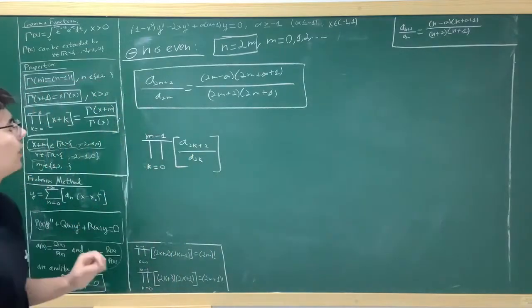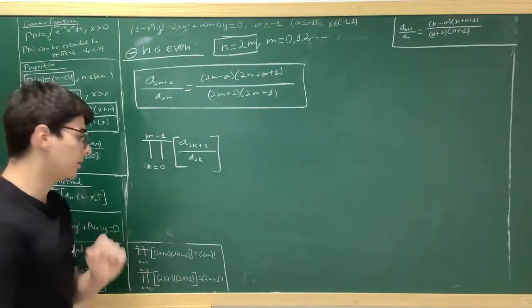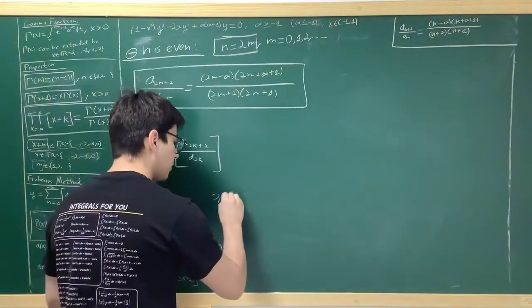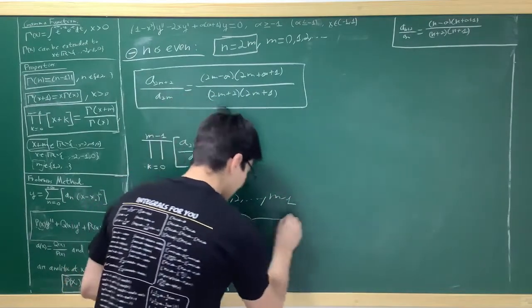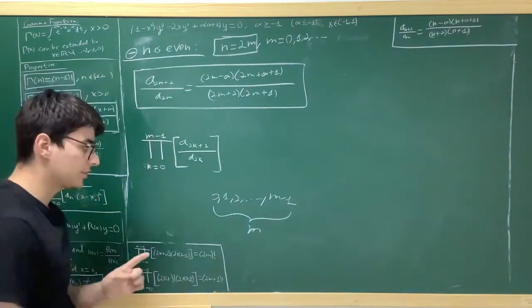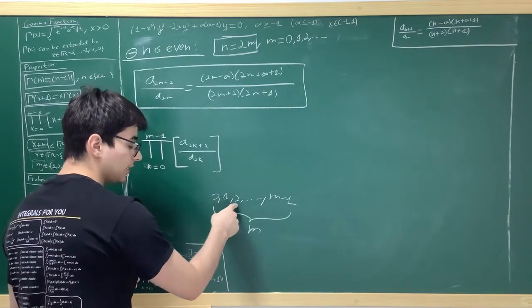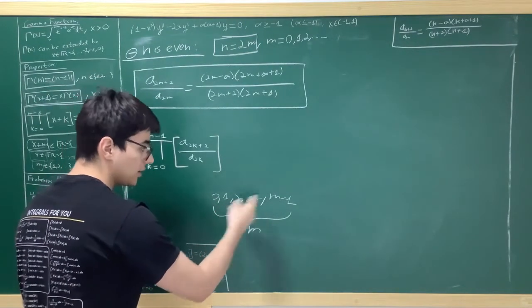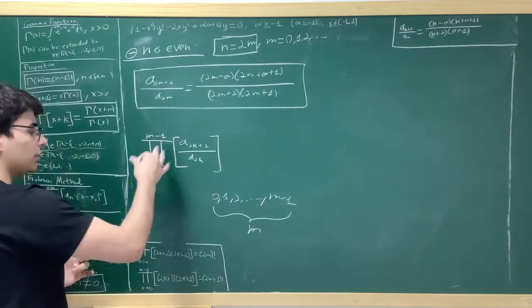And we are going up to m minus 1. Why? Because we're going to be multiplying m terms. So from 0, 1, 2, and so on, there are m terms, right? In 1 we have 2 terms. In 2 we have 3 terms. In n we have 1, 2, 3, so on, m terms. So we're multiplying m terms.